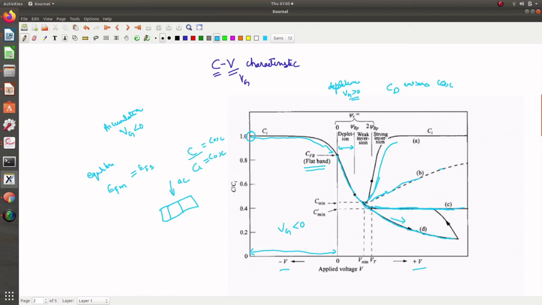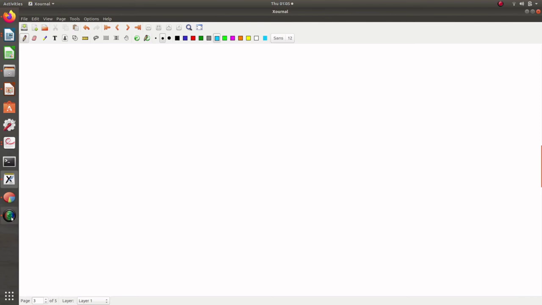This is due to the depletion. So the depletion layer increases and more depletion capacitance comes in series with the oxide capacitance, and so the total effective capacitance decreases further, and then it stabilizes back. So that is the case of the CV characteristics of a MOS capacitance.